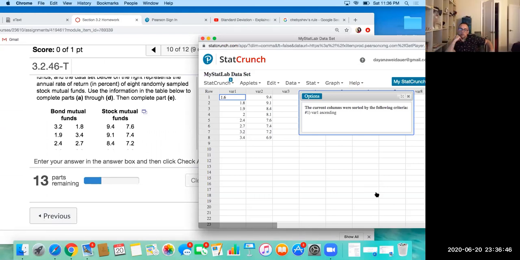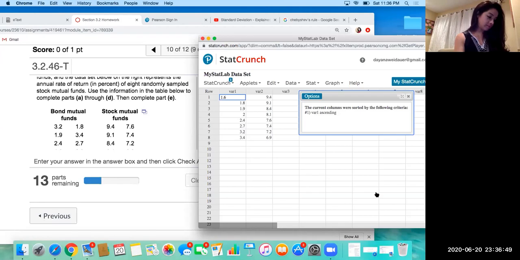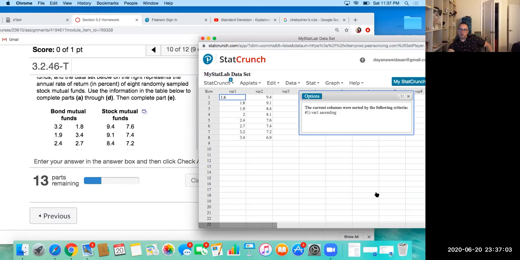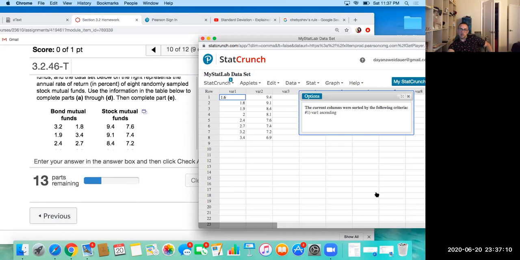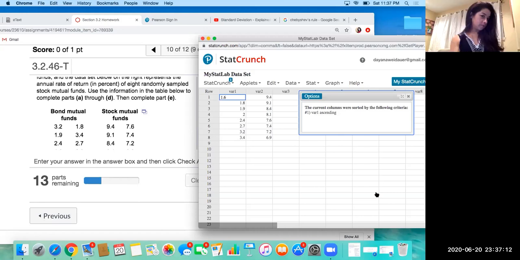Okay, so 1.706 to 3.044. So 1, 2, 3, 4. What were the two numbers that you had? I got 1.706. Okay. And then I got 3.044. Can you write those on the cells?